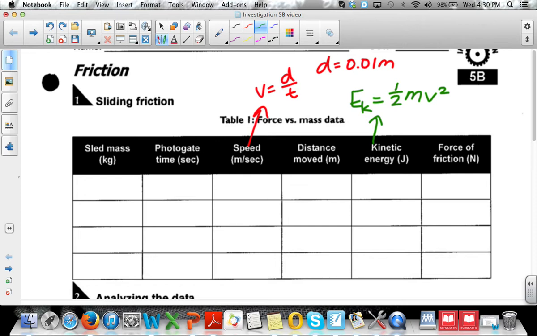So that doesn't mean times 2. That 2 is up top. It means the same as if you did 1/2 mass velocity velocity. Okay, so times 1/2 times mass times velocity times velocity. Okay? So that is to find kinetic energy. Definitely write this formula down. You're going to need it in a couple of spots on here.